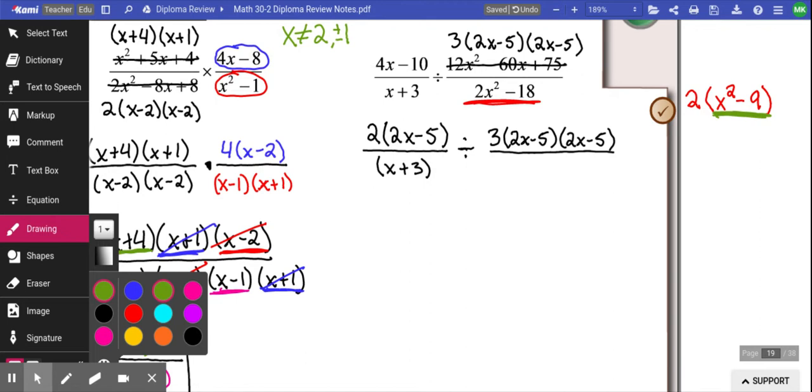Looking at that x squared minus 9, I could do difference of squares on it, meaning that I would have the 2 out front, and then square rooting x squared minus 9 would be x minus 3, x plus 3. Those are the tricky ones, where you have to GCF it, then difference of squares it.